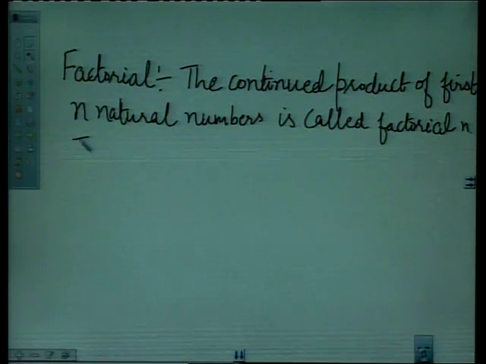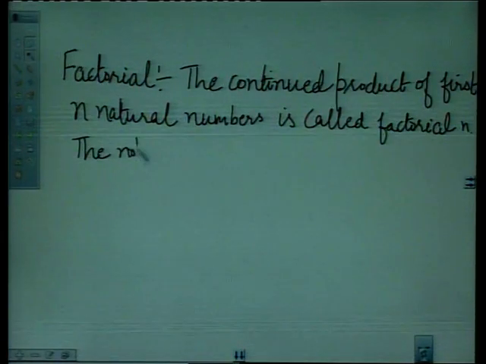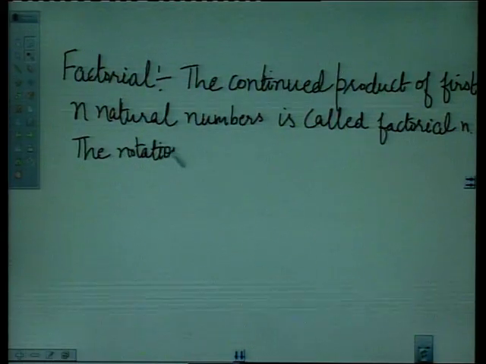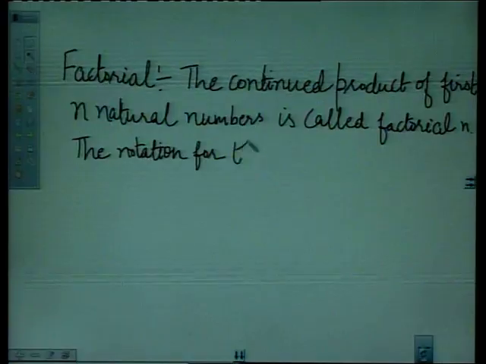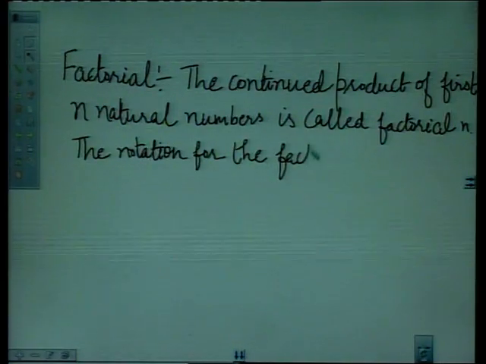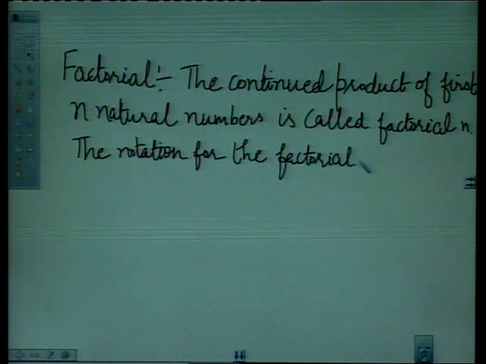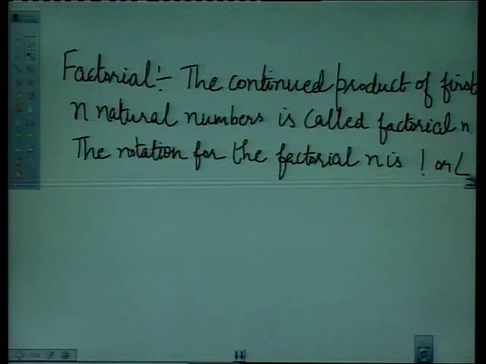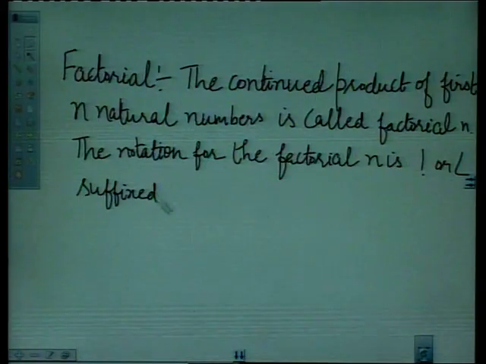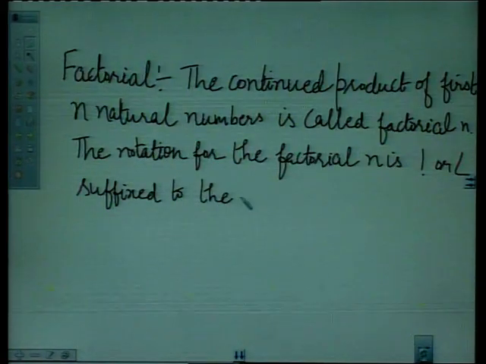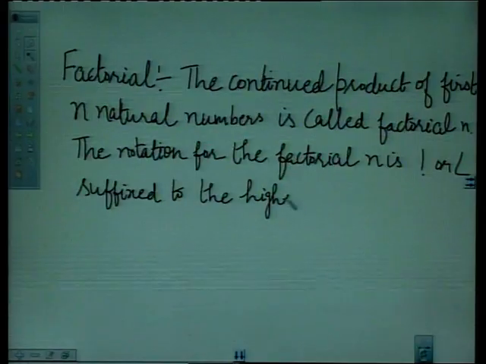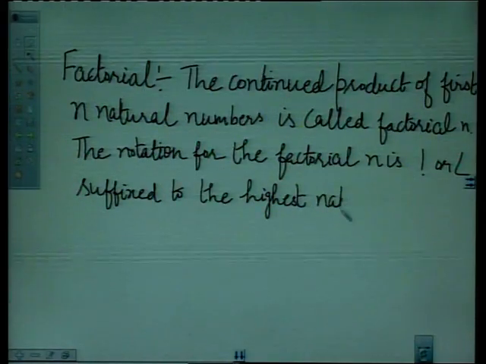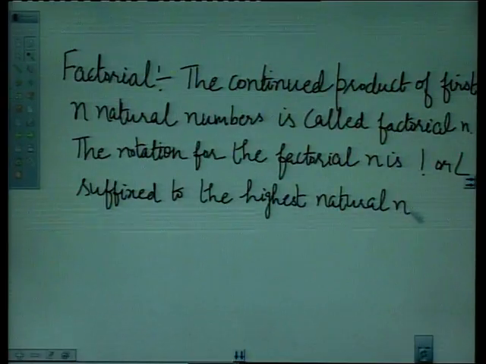The notation for the factorial n is the sign of exclamation, or the sign of angle, fixed to the highest natural number in the product.